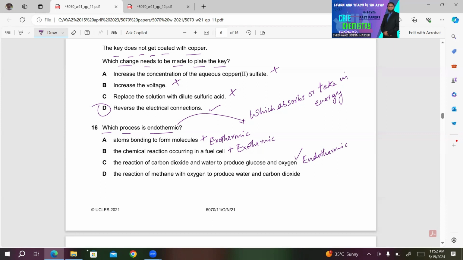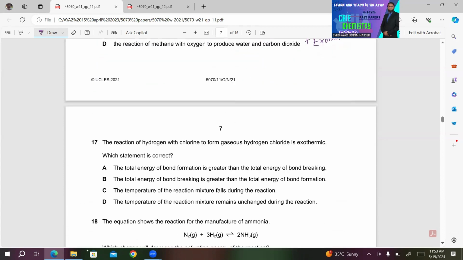The reaction of carbon dioxide and water in the presence of sunlight means this needs energy. Energy is provided in the form of sunlight. For convenience, I am reading the last statement. The reaction of methane with oxygen to produce water and carbon dioxide. This is also incorrect. This releases energy. This is exothermic. So choice C must be the right answer for number 16.